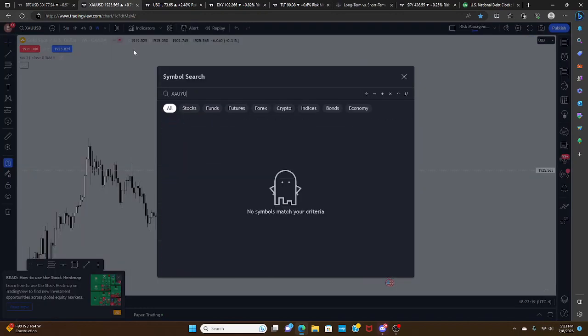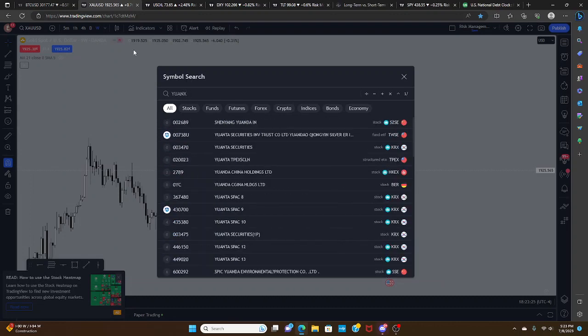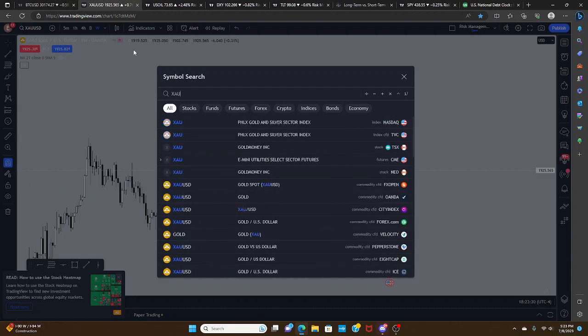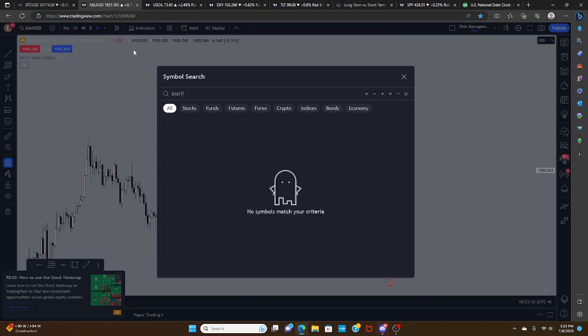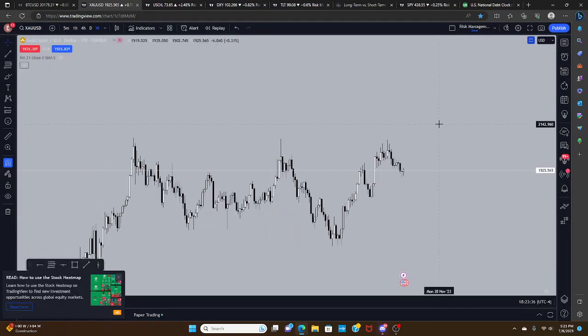Yuan XAU, see if we can find it. It might take too much time to pull up, but really the most important exchange is the Shanghai exchange, which is actually a gold Chinese yuan trading pair, more important than the gold USD trading pair.